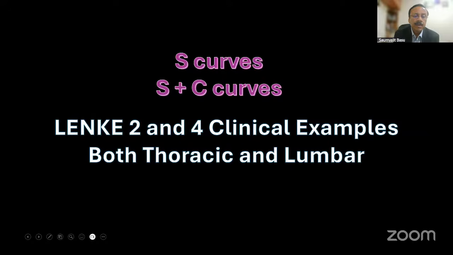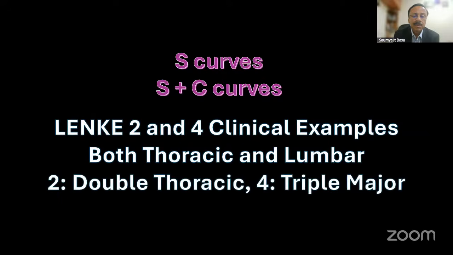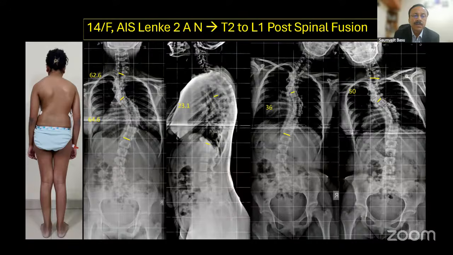Now, finally, we come down to a double thoracic and a triple major. These are the two curves which are left out. That means the S plus C curve. The double thoracic curves are very difficult to correct because the left shoulder is looking up, higher than the right shoulder, and you can see this is a 62-degree curve, and even when correction comes down to 50, which is very, very rigid.